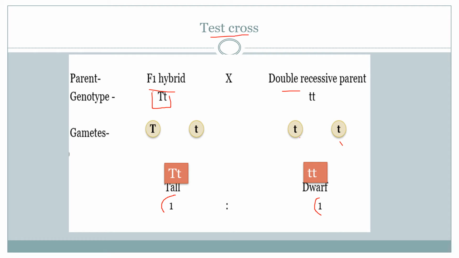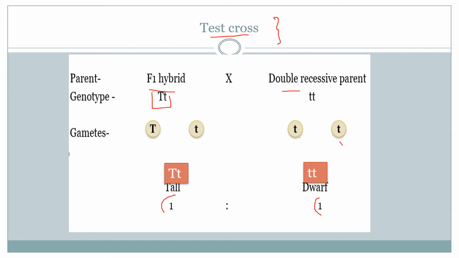Then what is the significance of doing a test cross? First, it is done to confirm whether the F1 hybrid is homozygous or heterozygous. Second, it helps in knowing the genotype of an individual for a particular character, whether it is tall or dwarf.